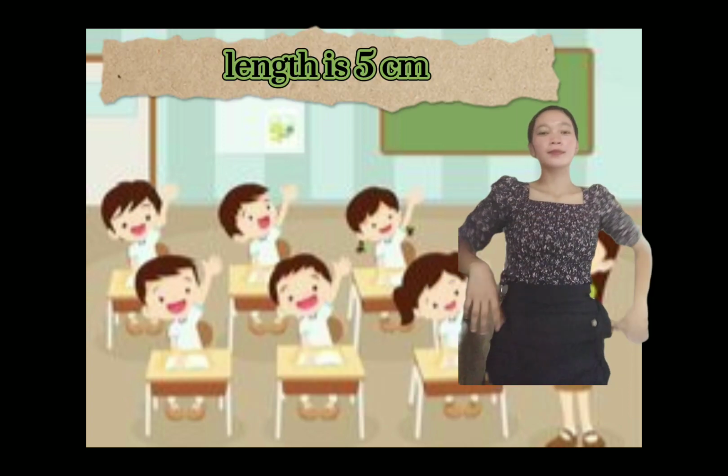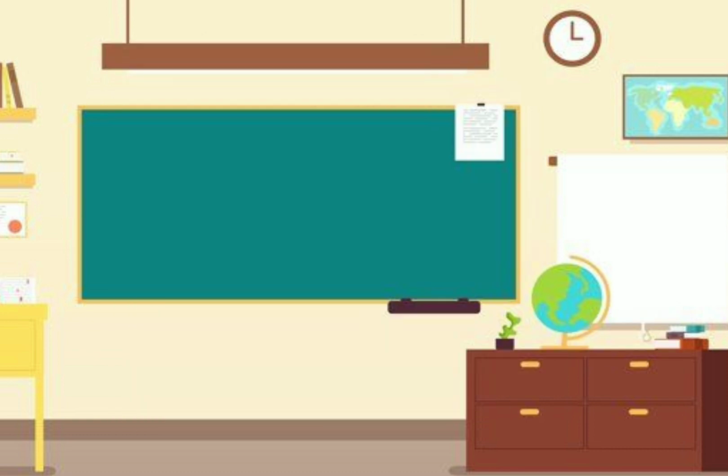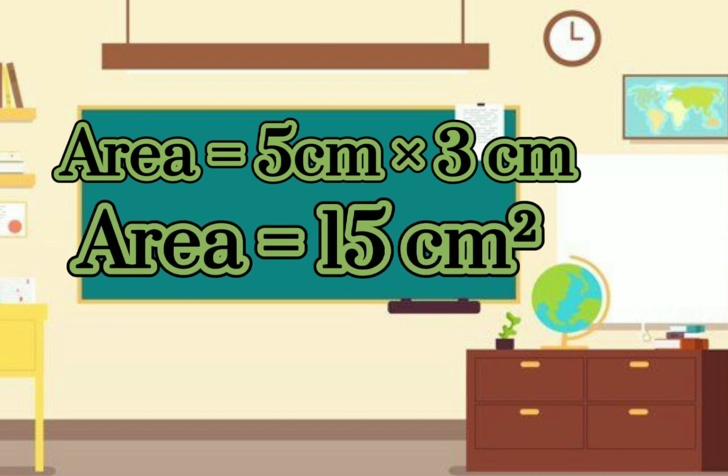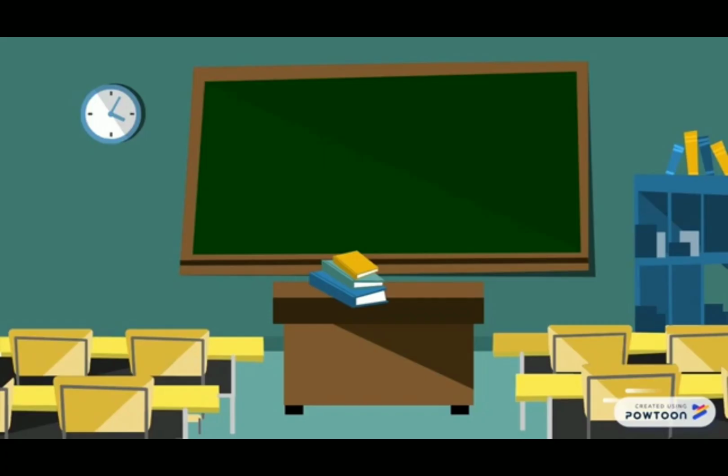Let's say the length is 5 cm and the width is 3 cm. So we have area is equal to 5 cm times 3 cm. Area is equal to 15 cm squared. Therefore, the area of the bulletin board is 15 cm squared.